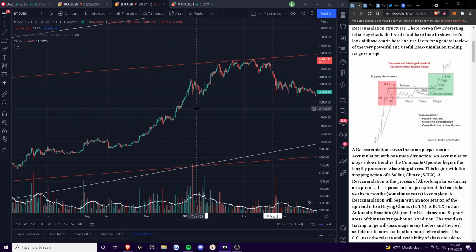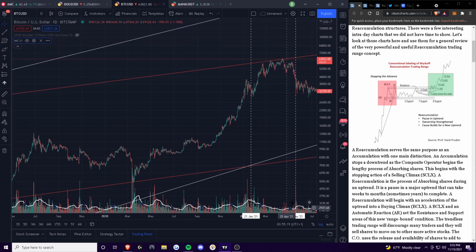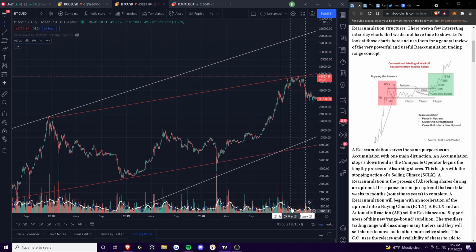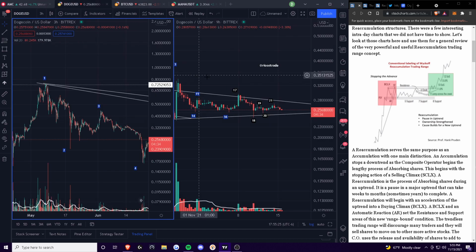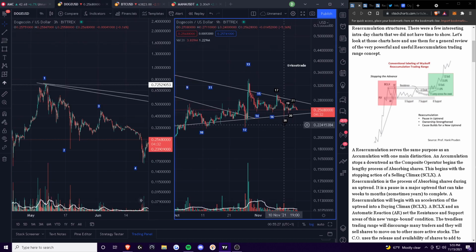And then AMC and GME had their peaks respectively on the 27th of January. Now, am I saying that there is 100% a correlation between these assets? No, I can't say that for sure. I don't know why exactly there is some sort of correlation between Bitcoin, altcoins, cryptocurrency dumping, and these assets pumping.